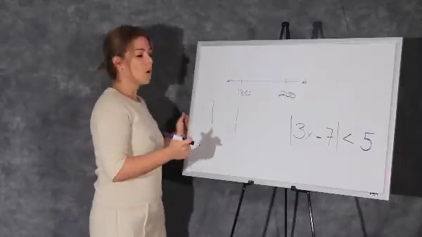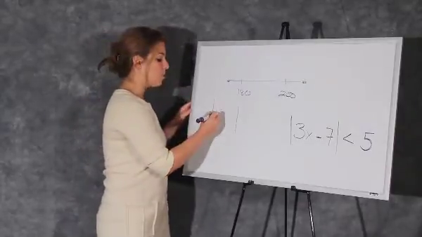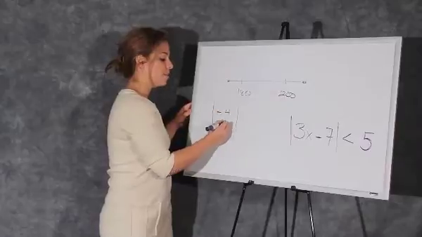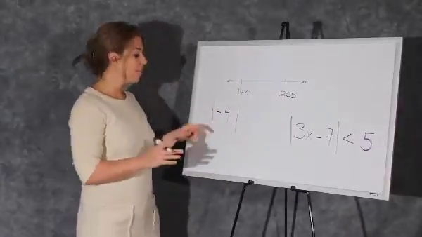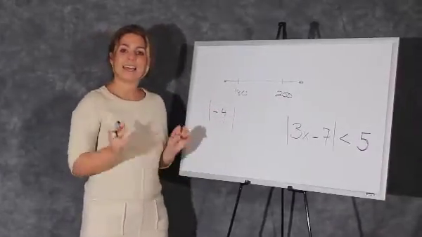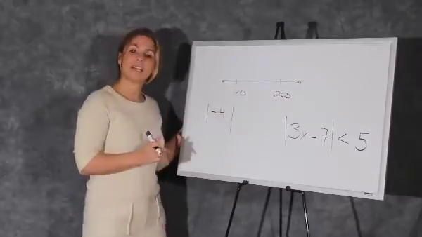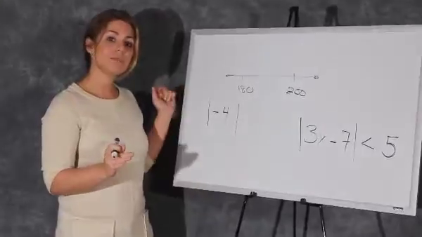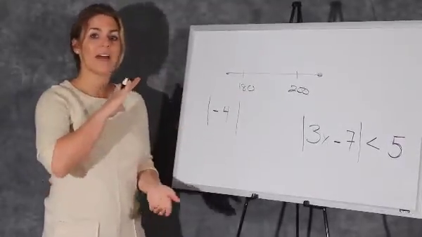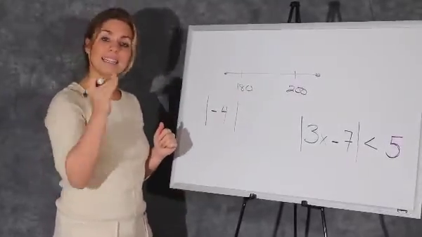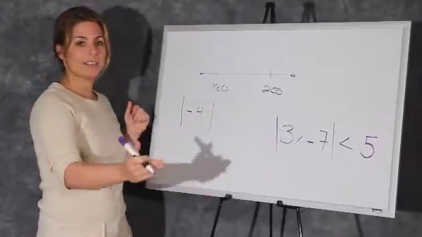So if we have the absolute value of -4, what this means is it's just asking you the distance this number is from 0, which means that there's no positive, there's no negative. They're just asking literally how far is it from 0.